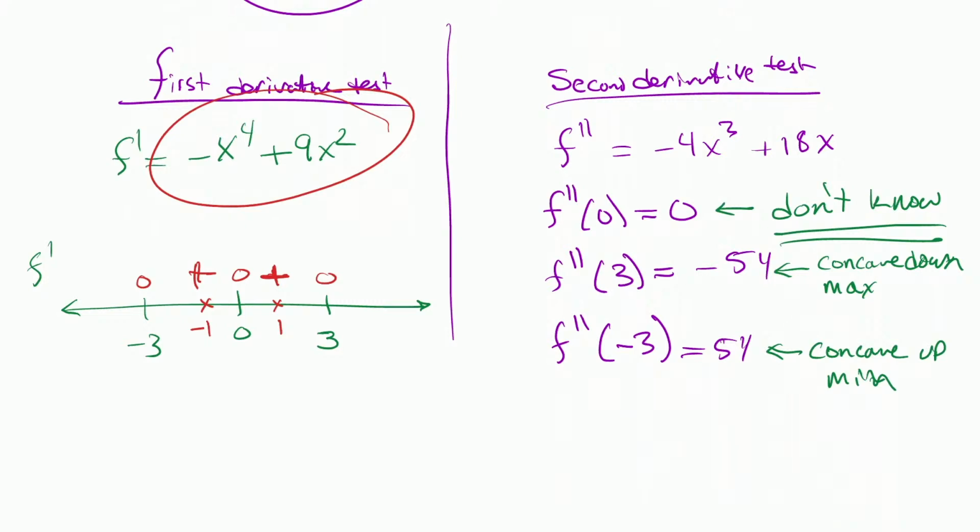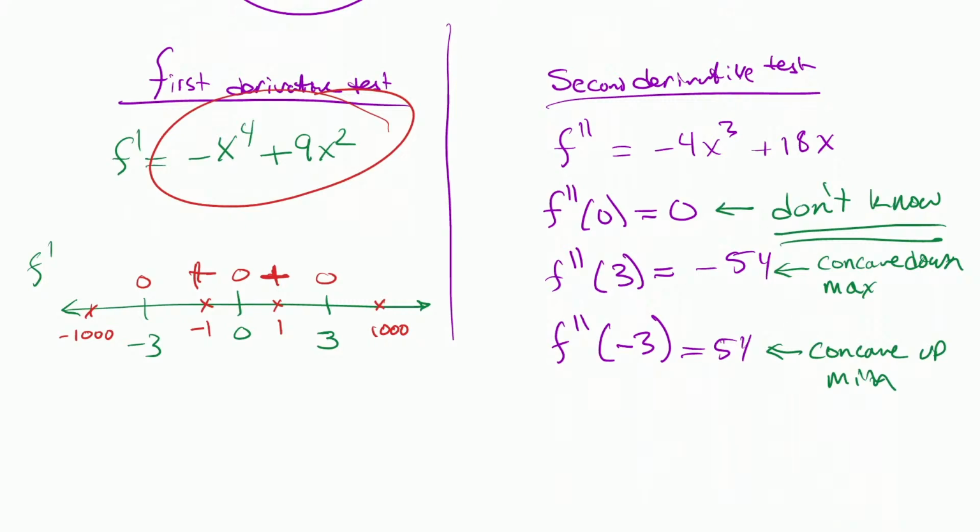Now let's pick 2 more points. Usually I pick points like 1,000 and -1,000, only because those are a lot easier to plug in than numbers like 2, 3, 5, 7. So if I can, I always pick a nice big number.